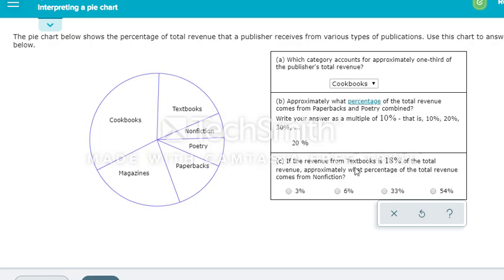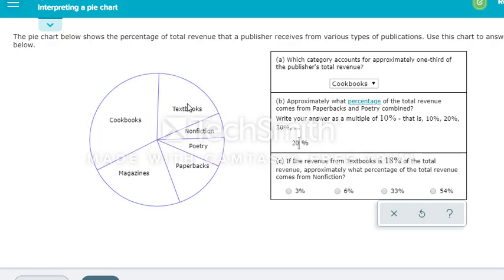If the revenue from textbooks is 18%, what is the total revenue from non-fiction? If I compare these two, from here to here, you can see one, two, three. Textbook is 3 times the non-fiction, right?